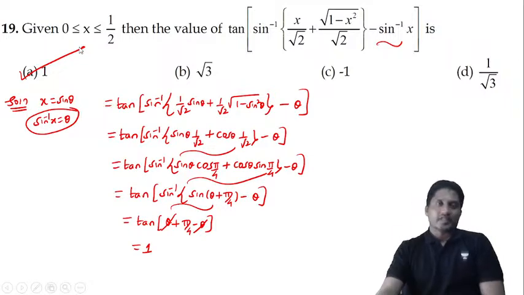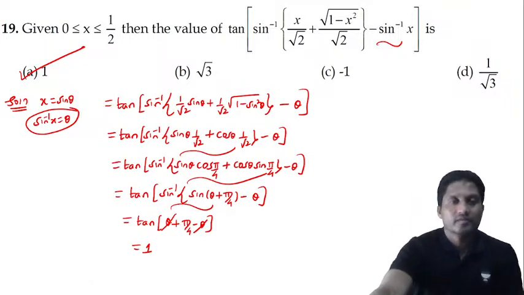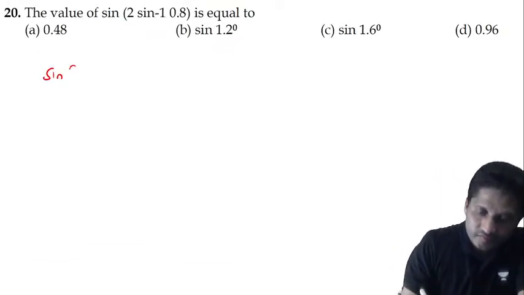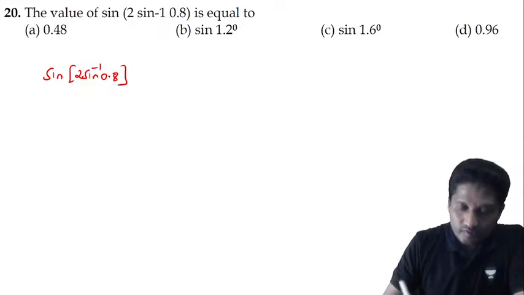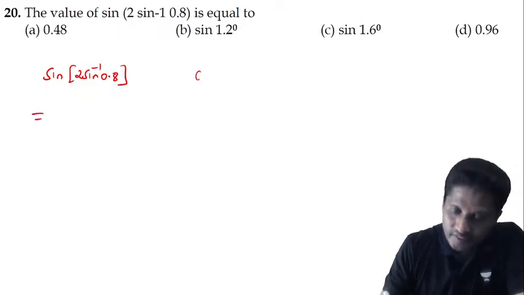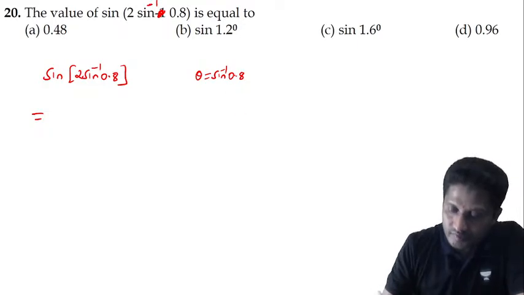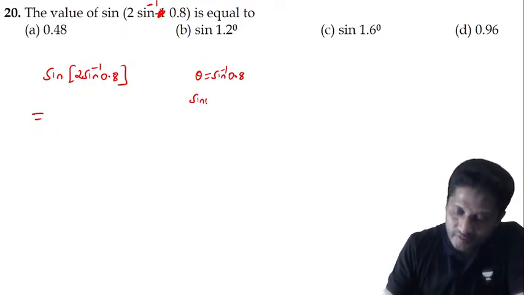We'll do one more question, guys, before I wind up. Now, sine of 2 into sine inverse of 0.8. What I'll do is take theta equal to sine inverse of 0.8. From this I can write sine theta is equal to 0.8.